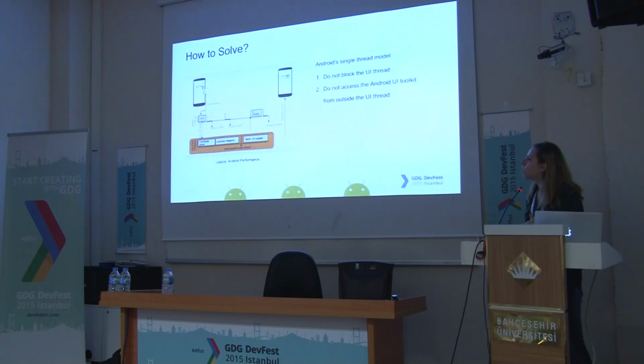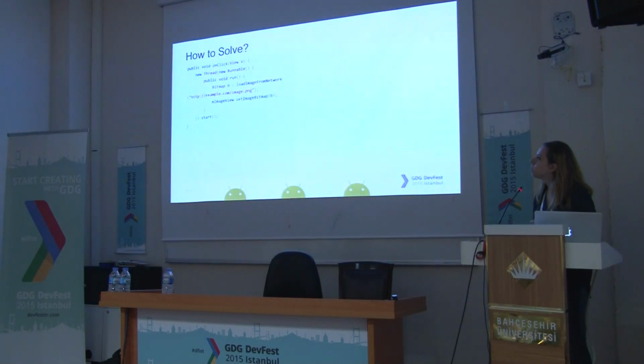But the important point here is that the Android system is not thread safe. It means that you can trigger the UI thread from the worker thread, but you shouldn't. There is a single thread model, and we should obey these two simple rules. Do not block the UI thread, and do not access the Android UI toolkit from outside the UI thread.